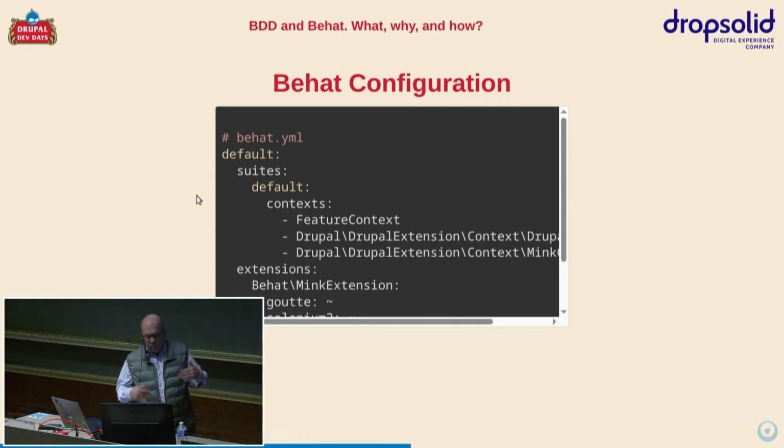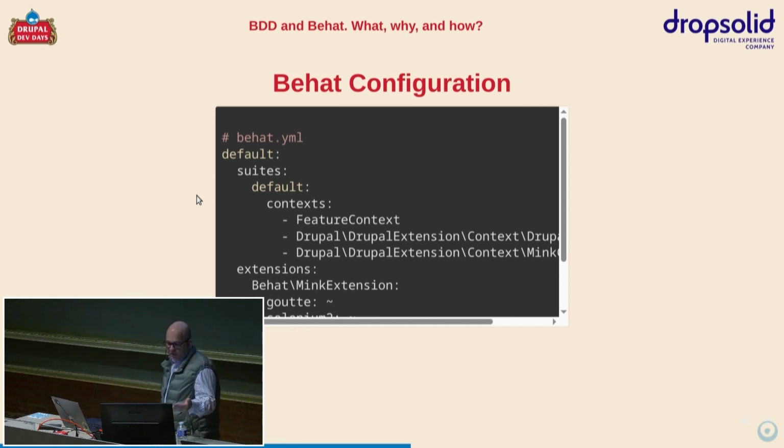behat.yml is also a quite standard YAML file that should seem familiar to anyone who worked with Drupal. The most important part for us is the context part. So you can list as many contexts as you want. Normally, you have maybe some context coming from standard libraries like Mink, or there is a Drupal extension for Behat that adds some step definitions that are specific to Drupal, like create a page, create a user, things like that.